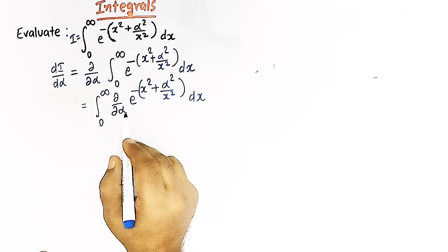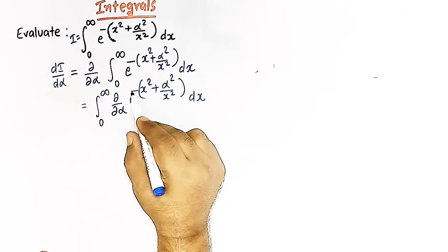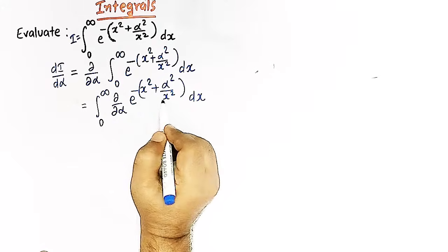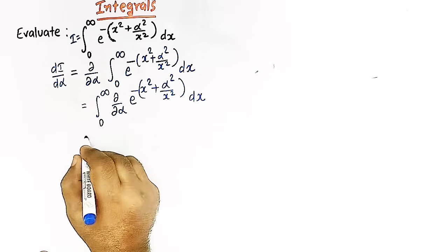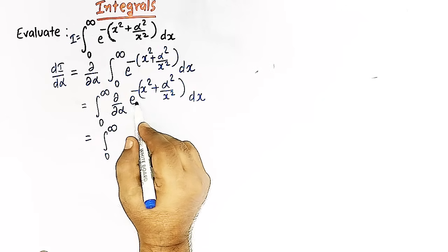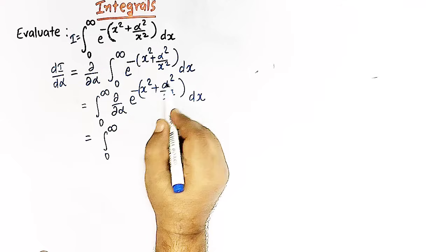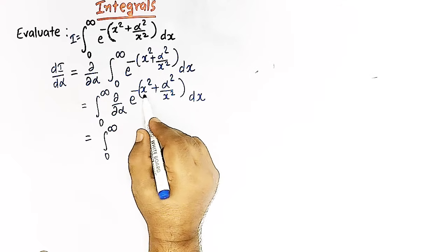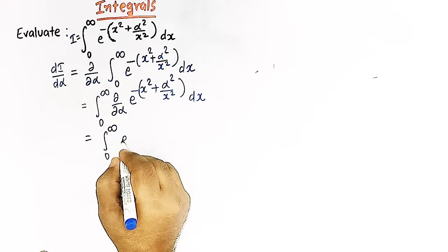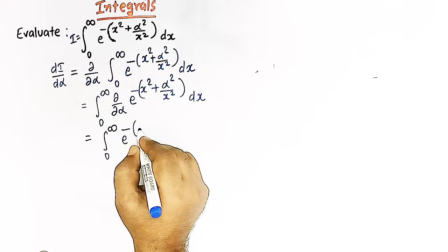And when we differentiate this term with respect to alpha, then we take x as constant, right? So we have 0 to infinity, and the derivative of the exponential function e raised to minus (x square plus alpha square over x square) is given by the function itself.